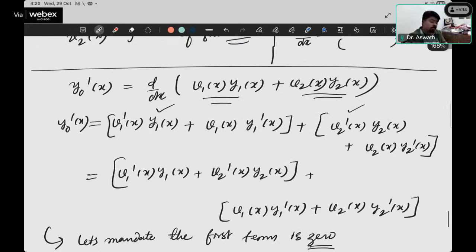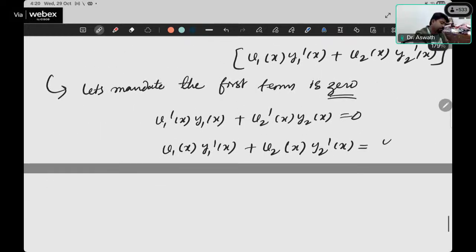This is y dash, not y double dash. Now I know what is y dash. I can find y double dash. Again, you just do the same technique.